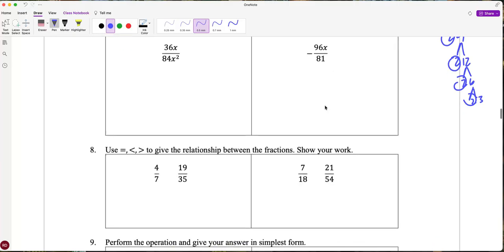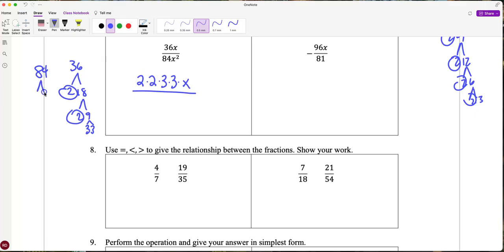Simplify the expression 36x over 84x squared. So remember 36 is what? 2 times 18, 2, 9, and 3, 3. Right? So I've got 2 times 2 times 3 times 3 times x. 84 is 2 times 42, which is 2 times 21, which is 3 times 7.